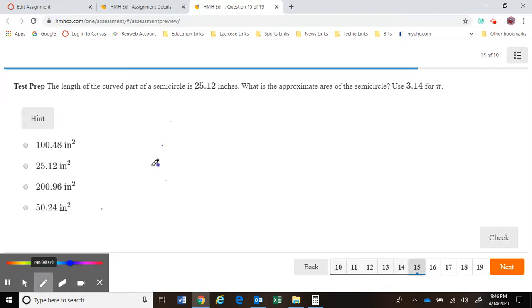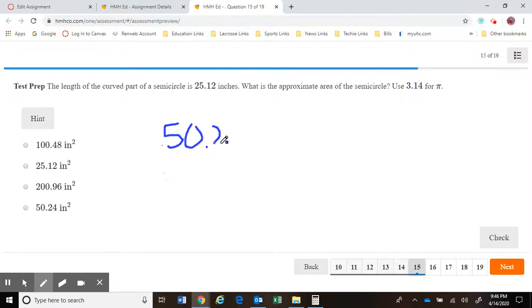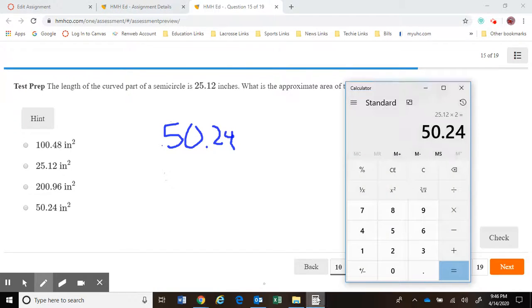So I'm actually going to write that out. 50.24. So that would be the circumference of the whole circle, right? Okay. And then I need to divide that by 3.14. And then, of course, that's my diameter, right? And then we need to find the radius, so I'm going to divide that by 2.